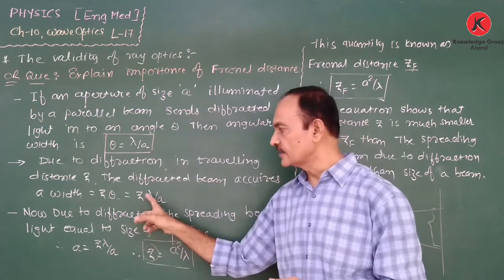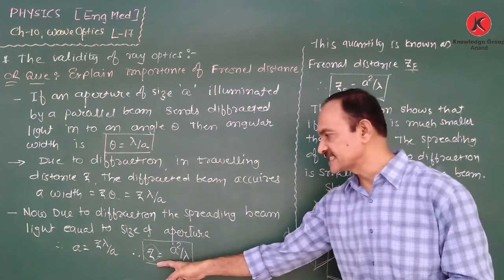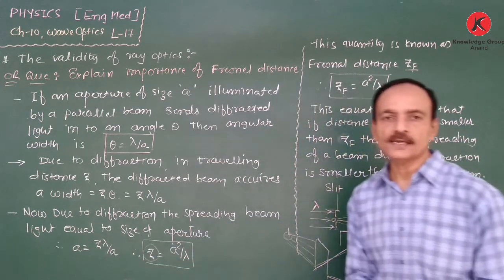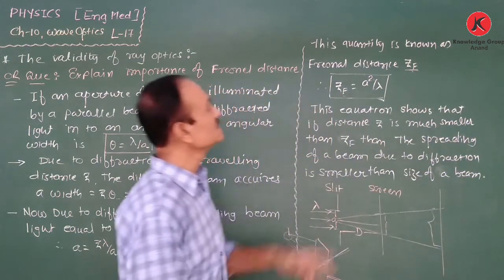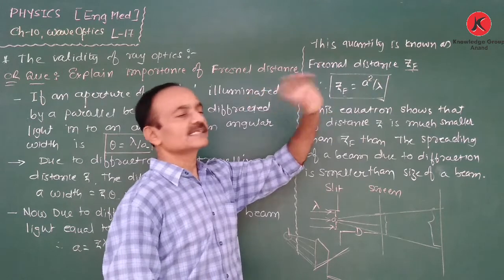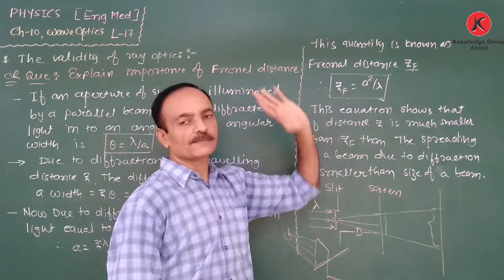Therefore, a is equal to Z lambda upon a, so Z is equal to a square upon lambda. This quantity Z is known as the Fresnel distance, denoted by ZF. Therefore, ZF is equal to a square upon lambda.